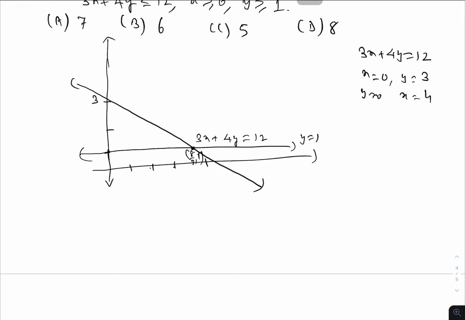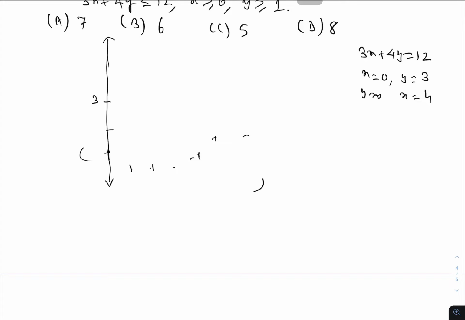So let us take care of drawing this graph, so better we draw properly here.